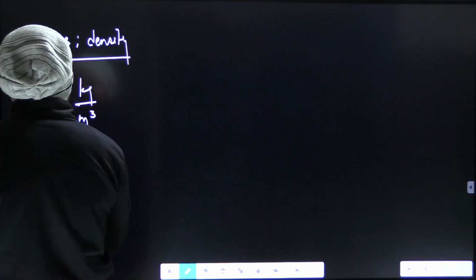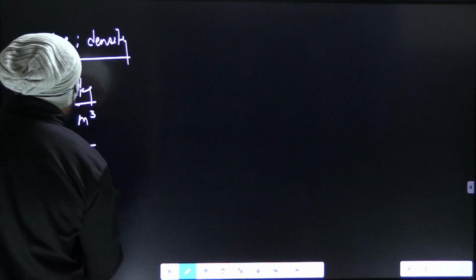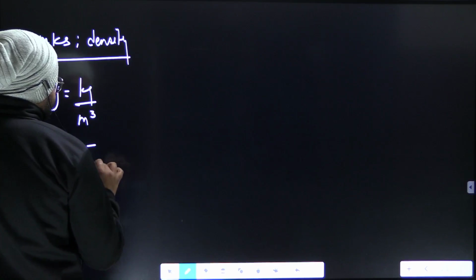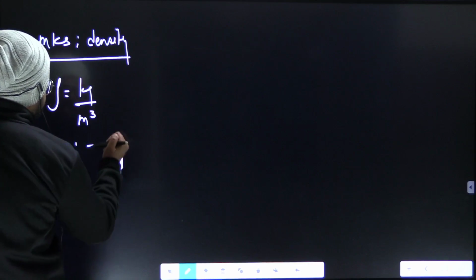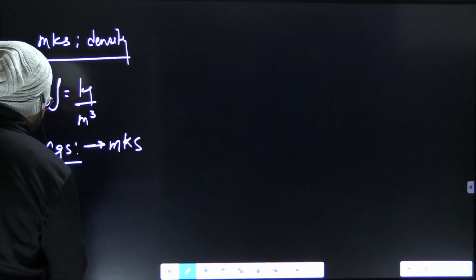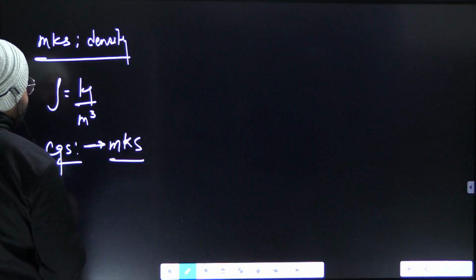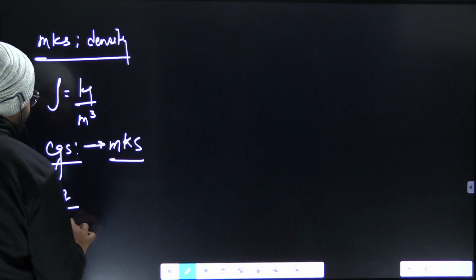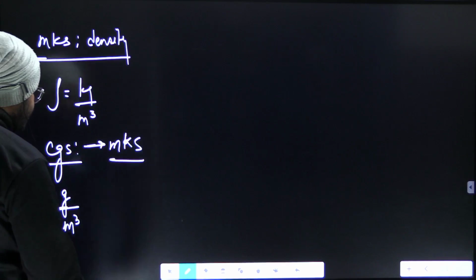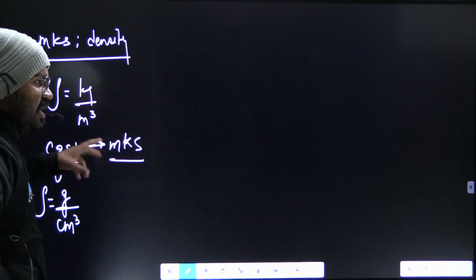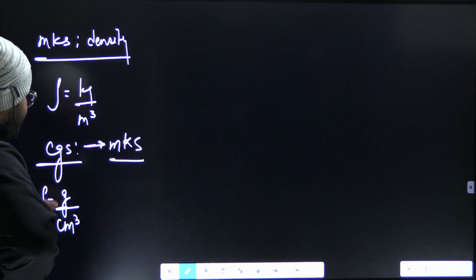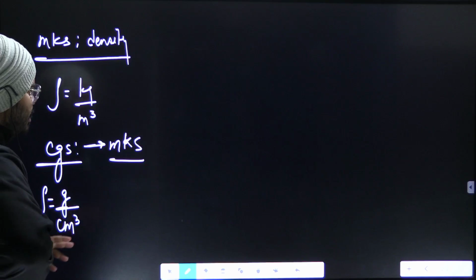Now, if I want to convert it into CGS, first of all, in CGS, density will be what? Grams per centimeter cube. What is C? Centimeter. G, gram. S, seconds. So whatever we were expressing in kg and meter in MKS, we'll express it in gram and centimeters.